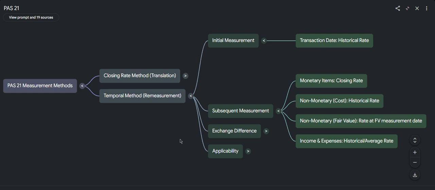If the closing rate method uses the closing rate for assets and liabilities, in the temporal method, monetary items are recorded using the closing rate. Again, monetary items are recorded using the closing rate.